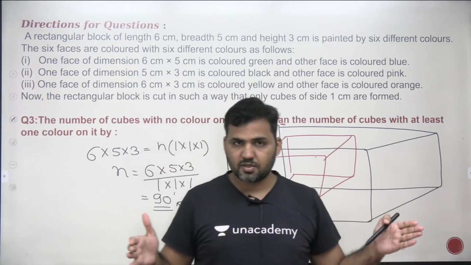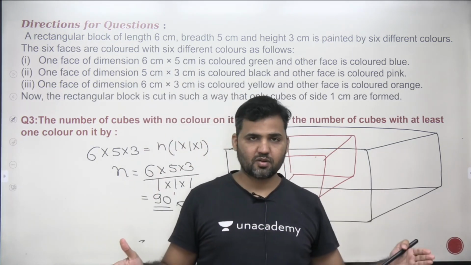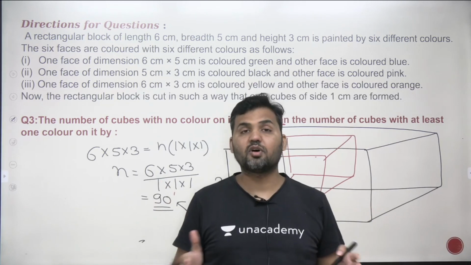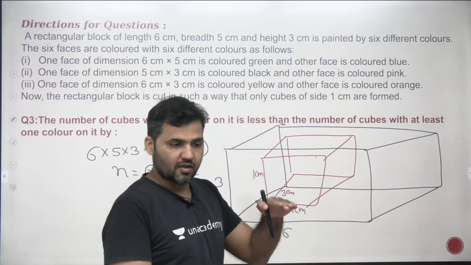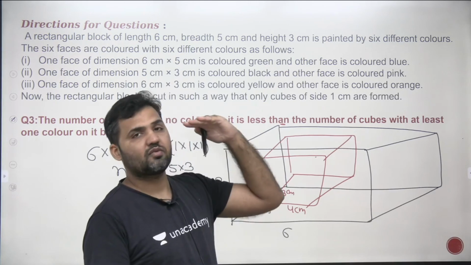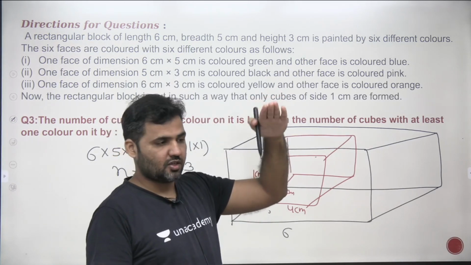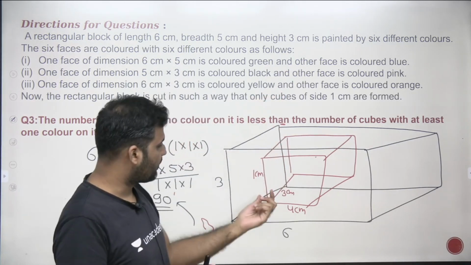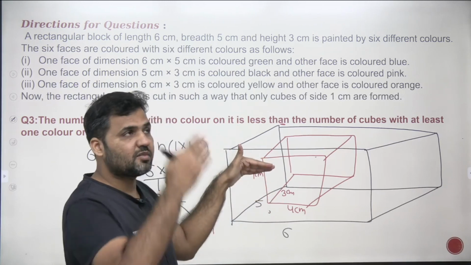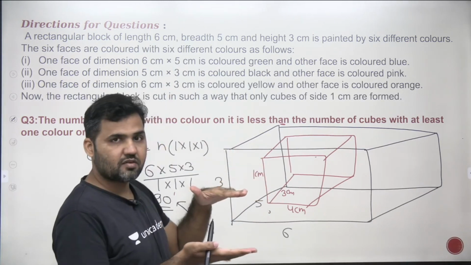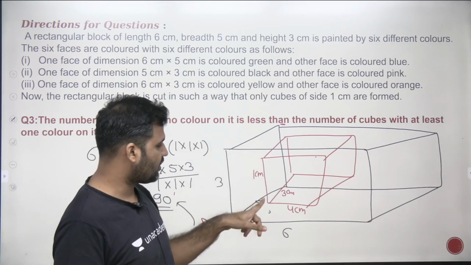So a 6 centimeter length, with a 1 centimeter cut on both sides, will give you a smaller length of 4 centimeter. Similarly, with a 1 centimeter cut from the bottom and 1 centimeter cut from the top, if the height is 3, the height will be 1.